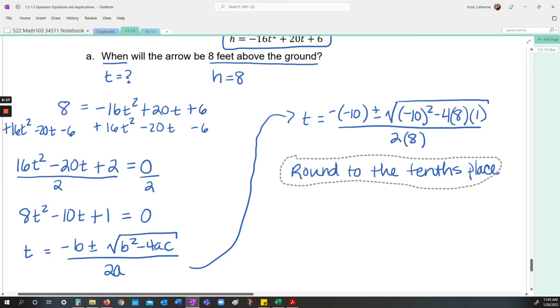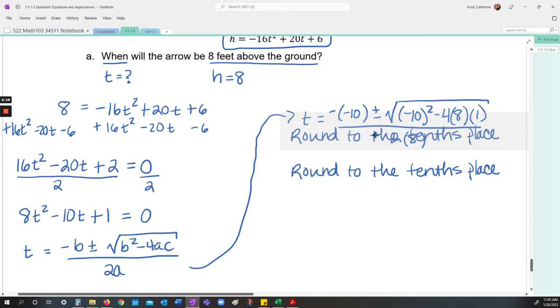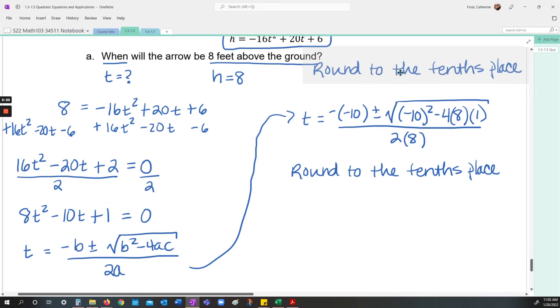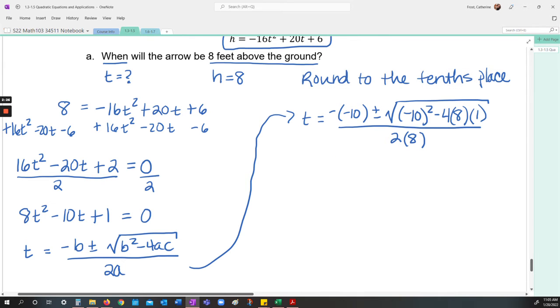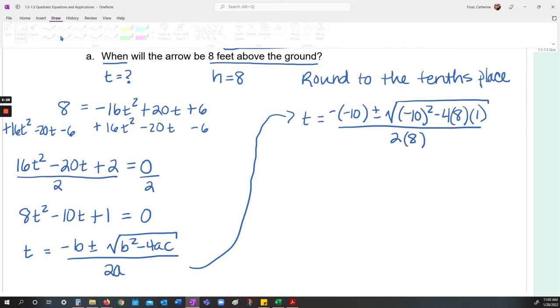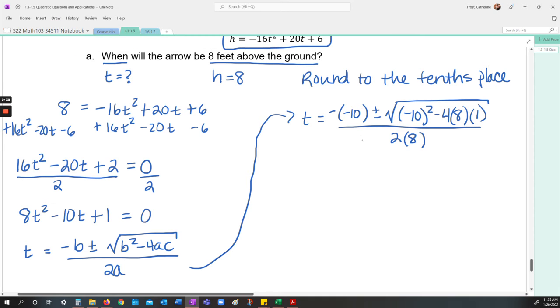Okay. Going to give our final answer as a decimal, and we're just going to round to the tenth place. All right. So let's clean this guy up. So we'll have t equals 10 plus or minus square root, and absolutely feel free to use a calculator to help you with all of this stuff.